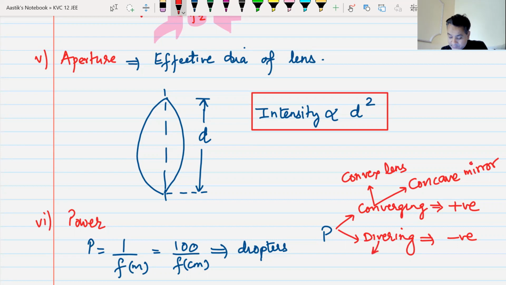For a diverging lens, a concave lens, the power is negative. Similarly, for a convex mirror, the power is negative. You can write the formula of the mirror if you have not written it, so I will write it again.